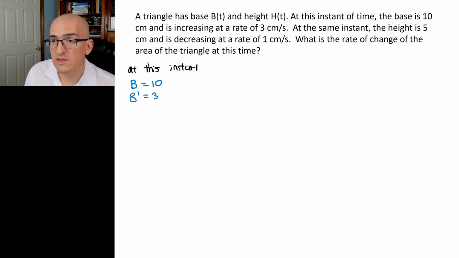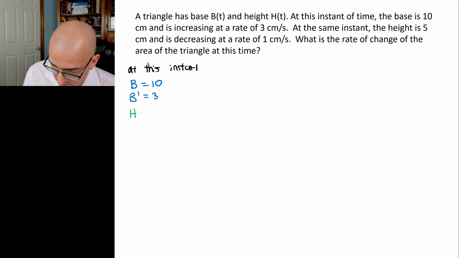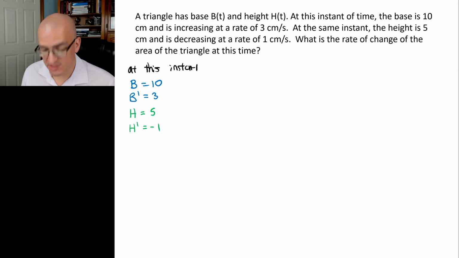At the same instant, the height is 5 and is decreasing at a rate of 1. So h prime is negative 1. Again, decreasing means negative derivatives.